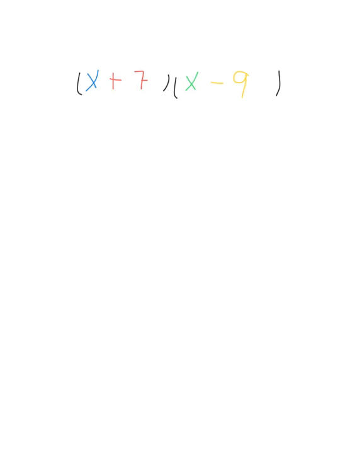So in this one we would do x times x, and then the outer terms would be negative 9 times x. The inner terms would be positive 7 times x, and then the last terms in both sets of parentheses would be 7 times negative 9.